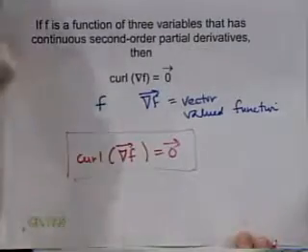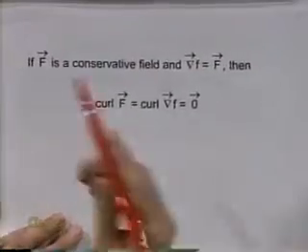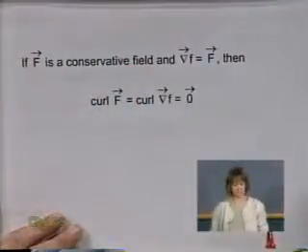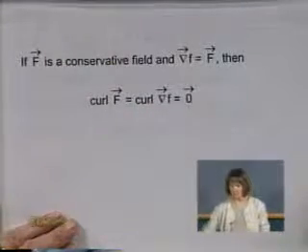Okay. Now here's a nice little sidekick. Suppose F is a conservative field. Then the curl of F will always turn out to be 0. What did it mean to be conservative?